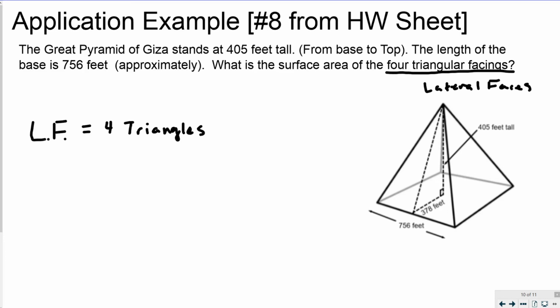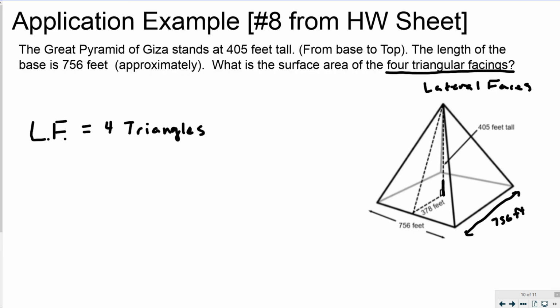I have a base of 756 feet. This here would also be 756 feet. And then I have this dotted triangle. They say that it is 405 feet tall from base to top.